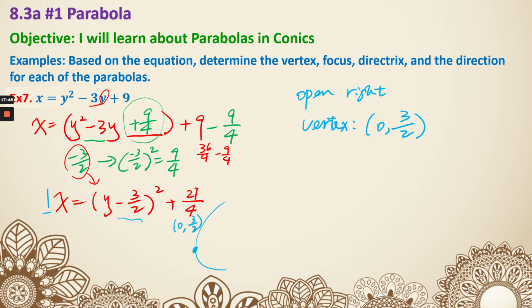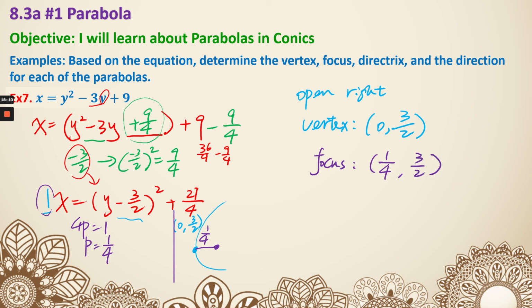Next, we need to find our p. Our p in this case is a bit different. Since that is 1, that means my 4p is 1, so my p would be 1/4. So this is actually 1/4 away from our focus. That means our focus, in this case, is going to be at 1/4, 3/2.